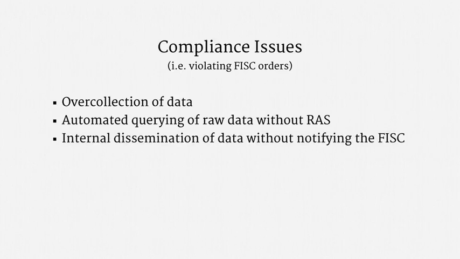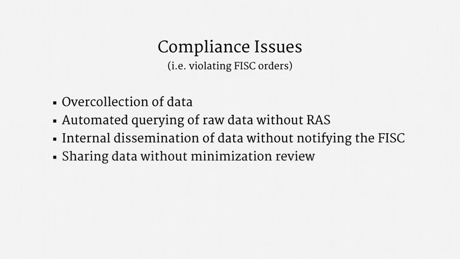And finally, the NSA shared data from the program with other federal agencies, including the FBI, without the required minimization review. I think it's fair to say this was a really troubled program. And again, the NSA allowed it to lapse in 2011 following a set of compliance debacles.